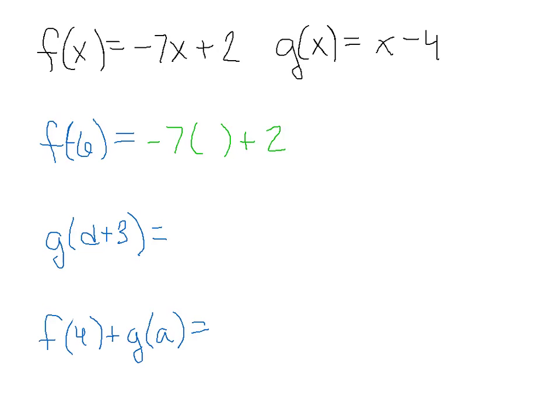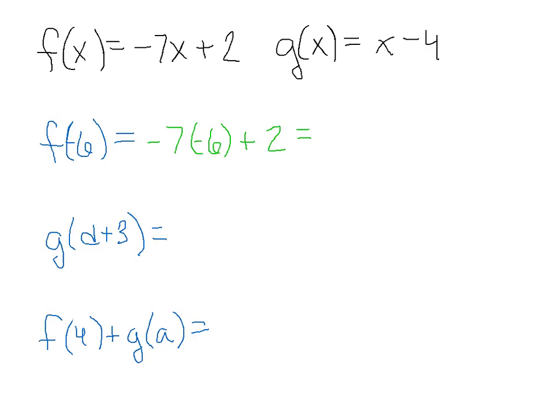You should have filled in negative 6. Because this function is f of negative 6. Every time you see x, you should plug in negative 6 for x. But we're not done yet. We still have to simplify. Negative 7 times negative 6, we're using order of operations here.